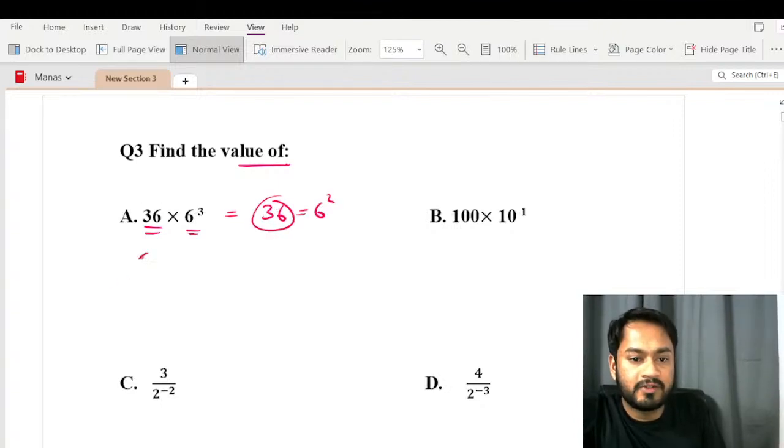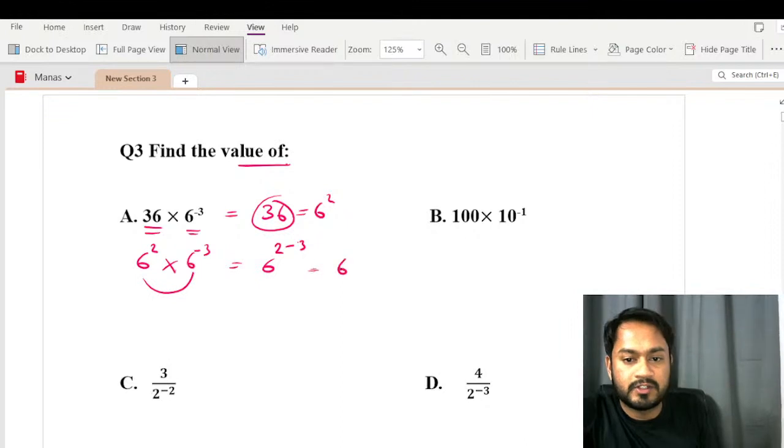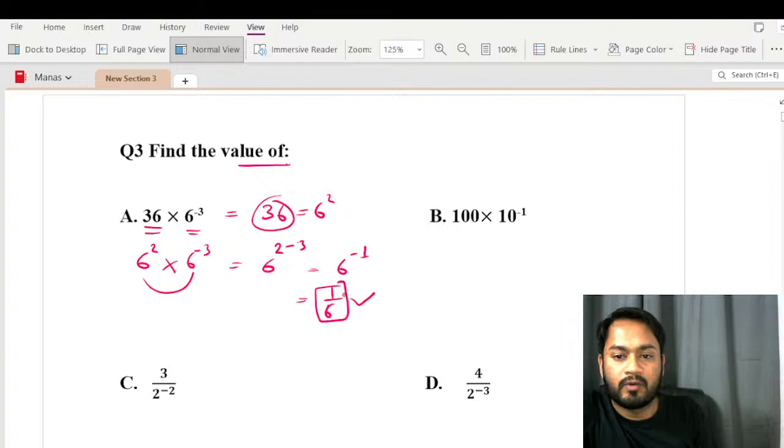So you can reframe this question as 6 to the power 2 multiplied by 6 to the power minus 3. So this will become 6 raised to power 2 minus 3, because base is same, power will be added. So this will become 6 raised to power minus 1. So finally you can write it as 1 upon 6. Okay, this was very simple question. I hope you understand this.